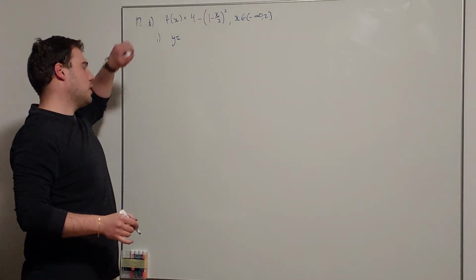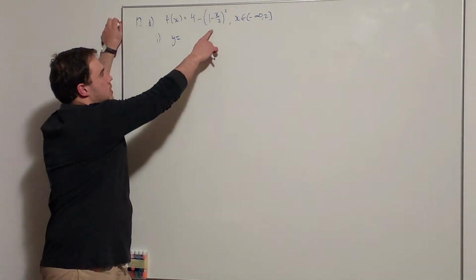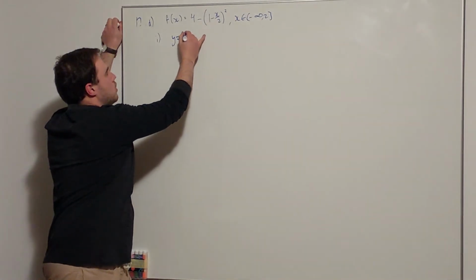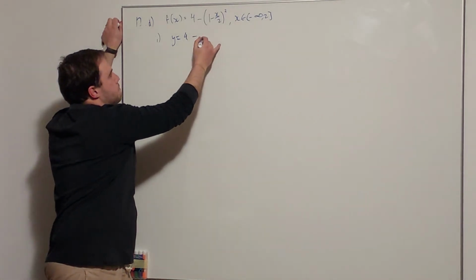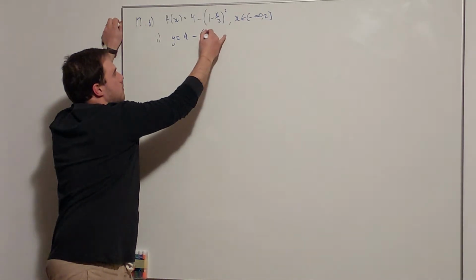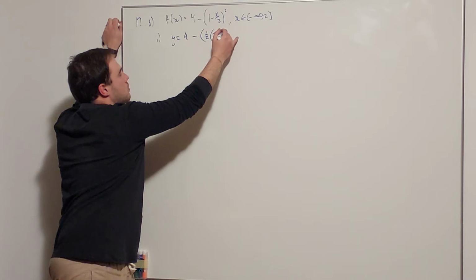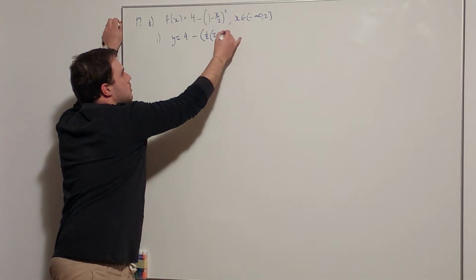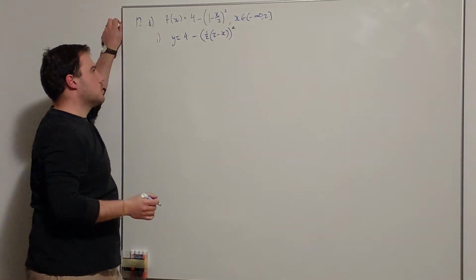The way I think the solutions did this differently to me, I manipulated this, something like this. 1 is the same as 2 on 2, so we've got a half outside of 2 minus x all squared.